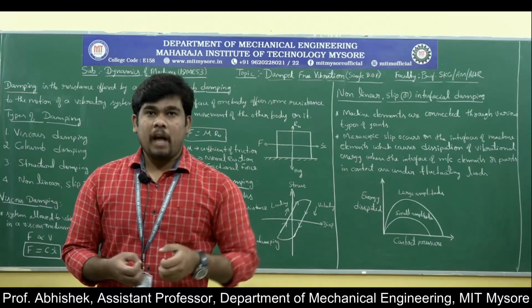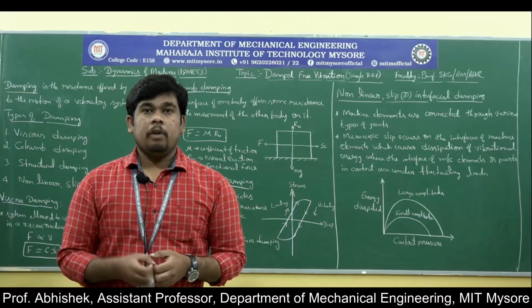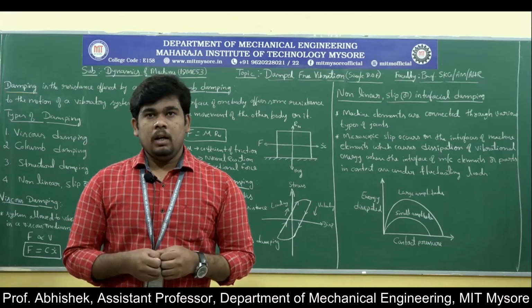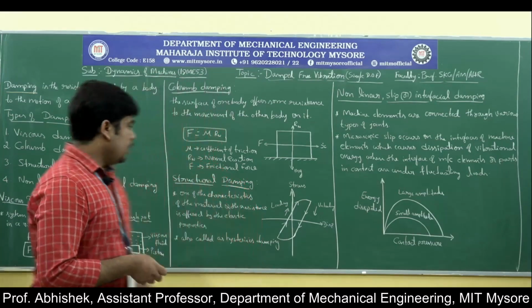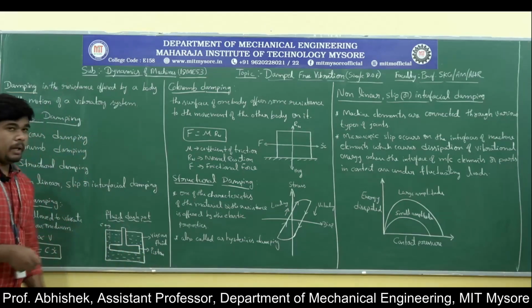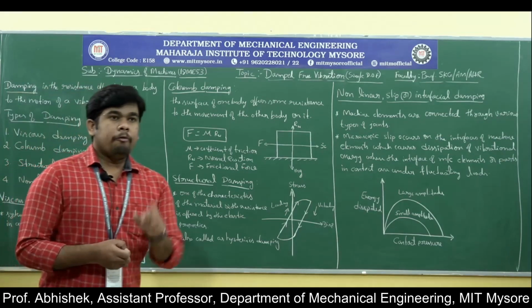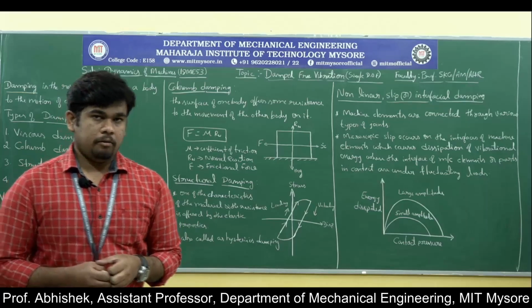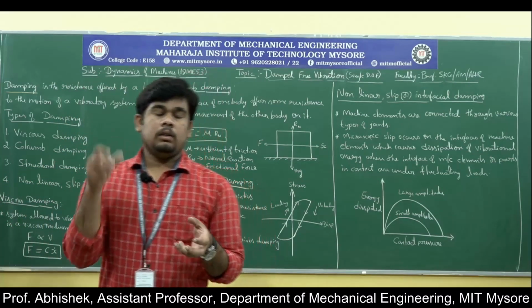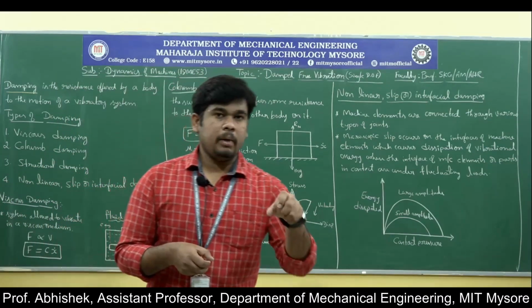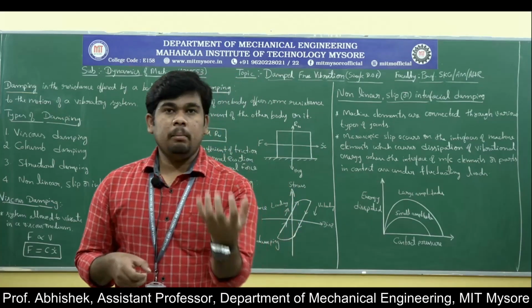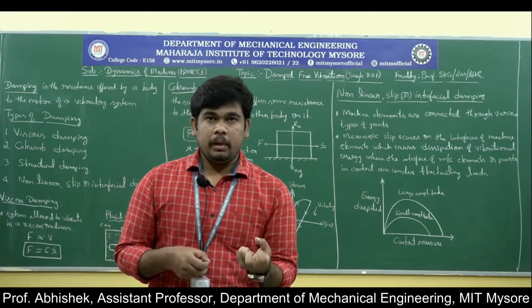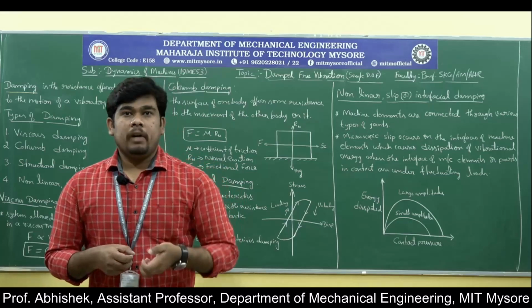So such type of damping system we call viscous damping. So in the viscous damping, there will be a force of resistance, which means the vibrating system is resisted by a sort of liquid or fluid.